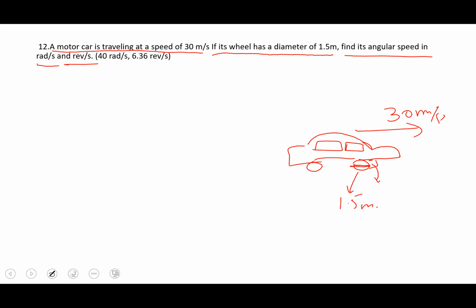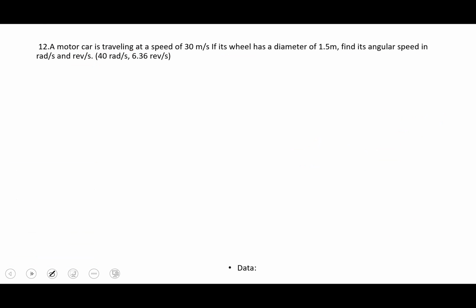We have to find its angular velocity in radian per second, as well as in revolution per second. So let us calculate this one now. We have the data with us. The velocity is given to us, which is 30 meter per second.